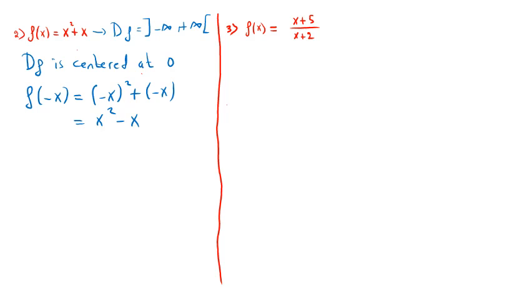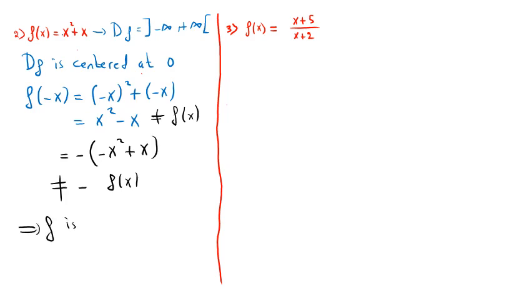X squared minus x, here we have x squared plus x. This is different than f of x. Try to take minus as a common. The first one becomes minus x squared, the second one becomes a plus x. And also, to check if it is equal to minus f of x, also it is different than minus f of x. Here we have minus, here we have plus. Then this function f is not even and not odd. The second condition is not verified in both cases.